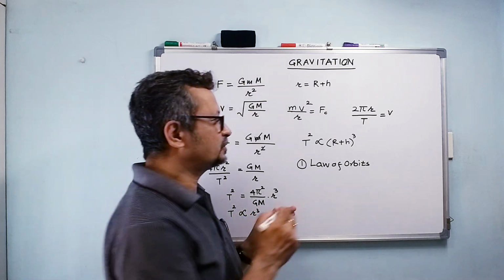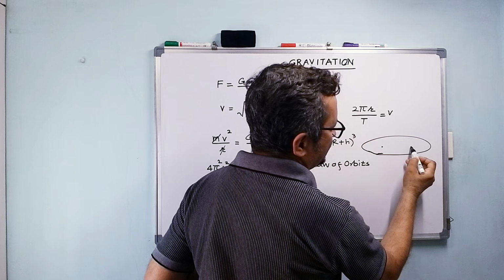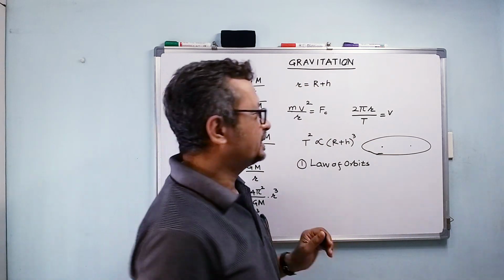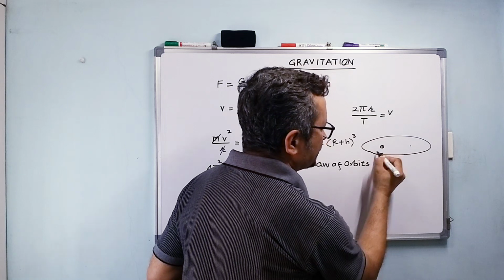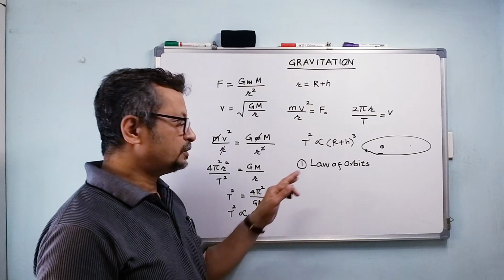So if this is the elliptical orbit, and I have these two principal foci of the ellipse, then the sun will be situated somewhere here and the planet is here, correct? That is the law of orbits.